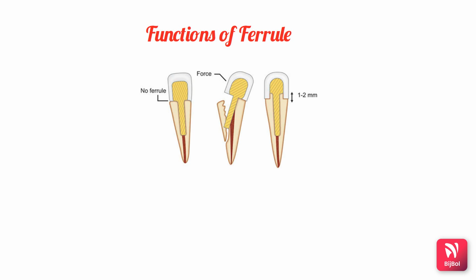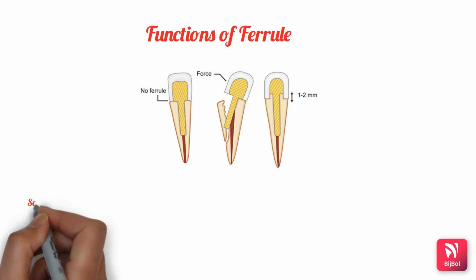It also protects the integrity of the root by its embracing action, and reduces the lateral forces exerted during post insertion. If there is no ferrule, there would be fracture by the wedging effect of the tapered post. So a ferrule of 1 to 2 mm is necessary to counteract all these forces.